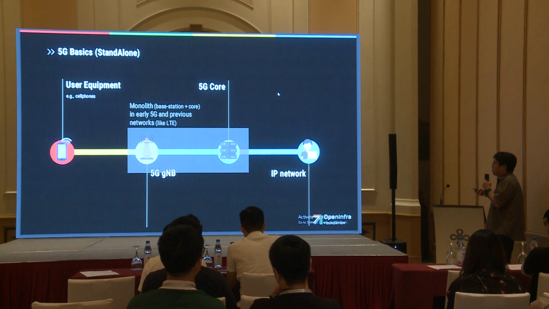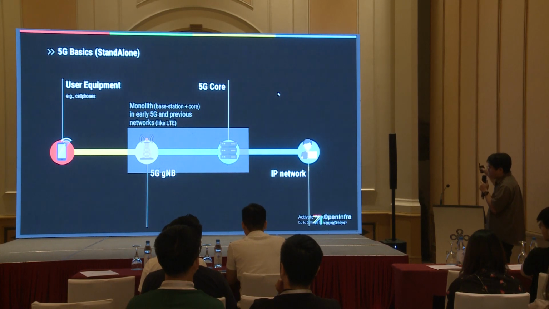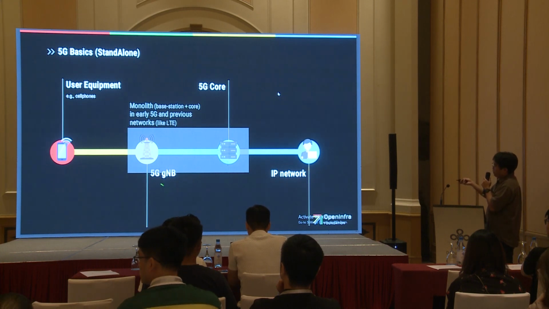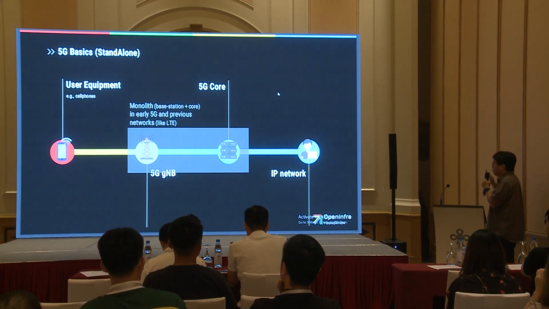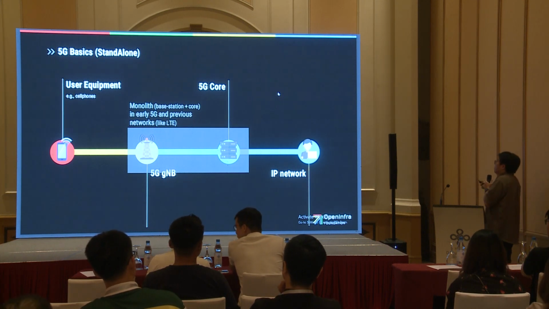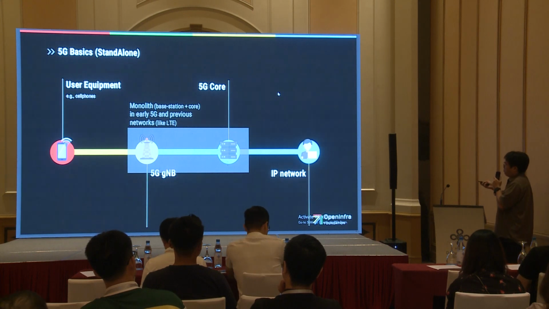The gNB is just a base station. It is a base station for 5G. There are different names for 4G and previous networks, but for 5G, the name for the base station is gNB. In the previous case, like in 4G and early 5G, the network is put into a big black box.